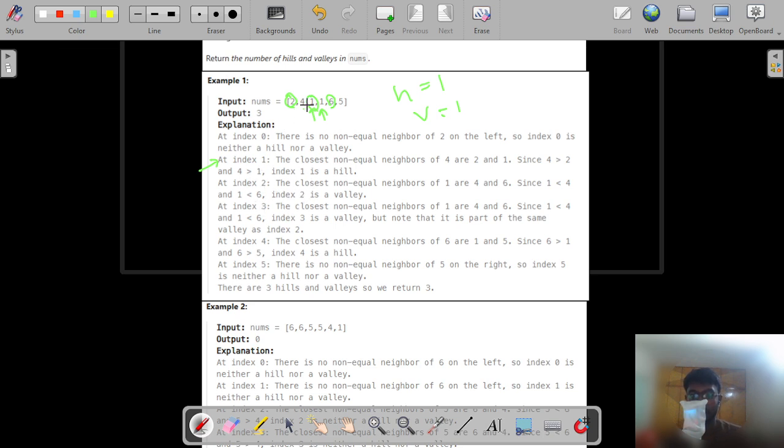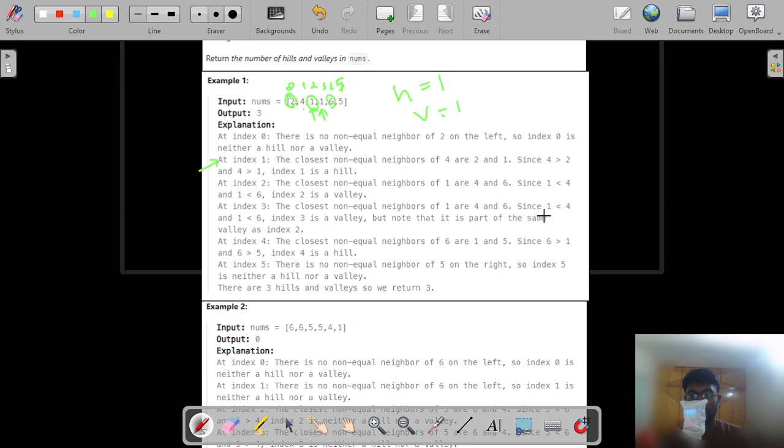At index 3, the closest non-equal neighbors are 4 and 6 again.